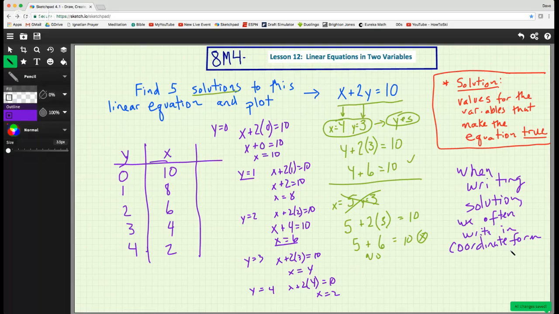Coordinate form or ordered pairs. We usually call them ordered pairs.